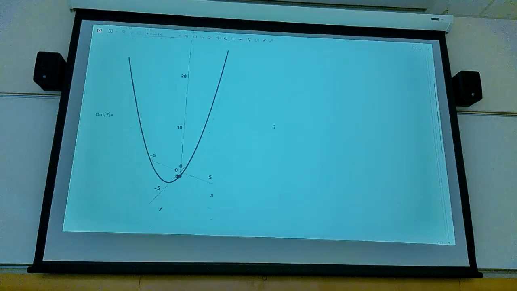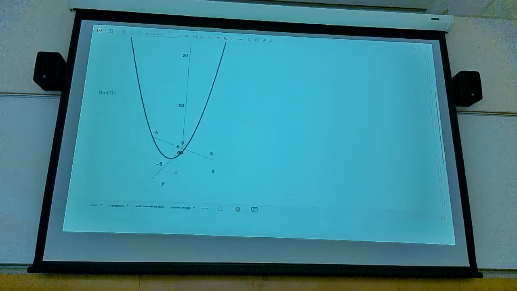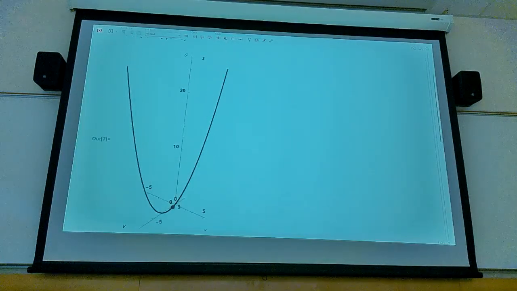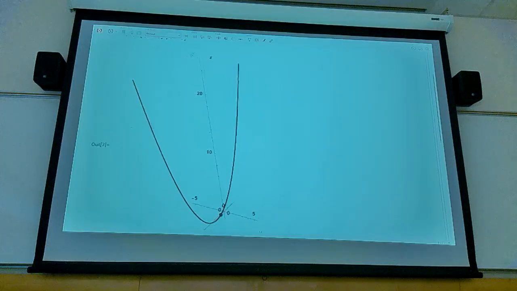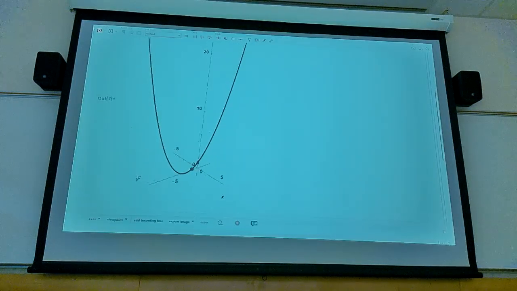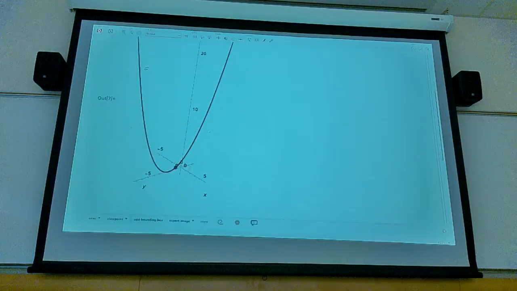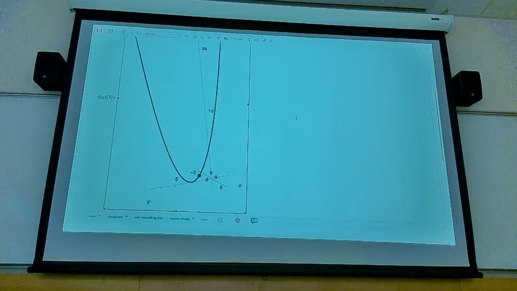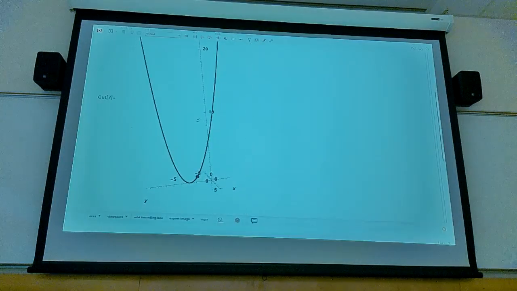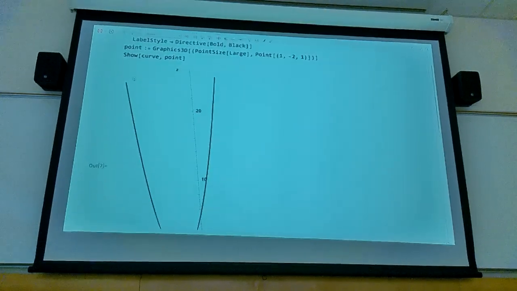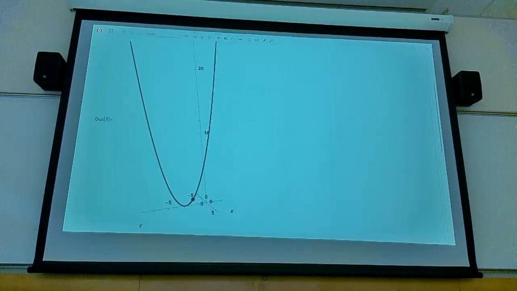Yeah, that's better. That looks pretty good. Right, so this is the curve that our point is located on.